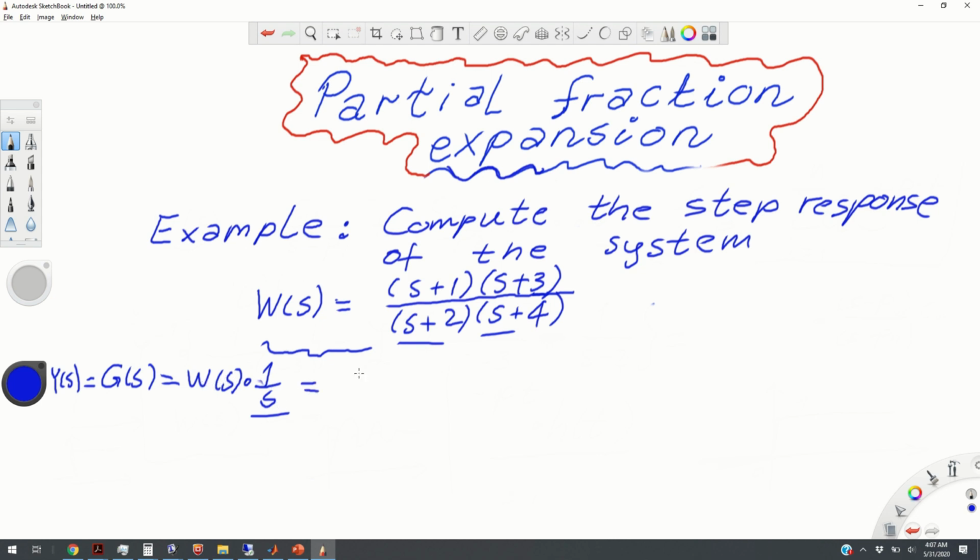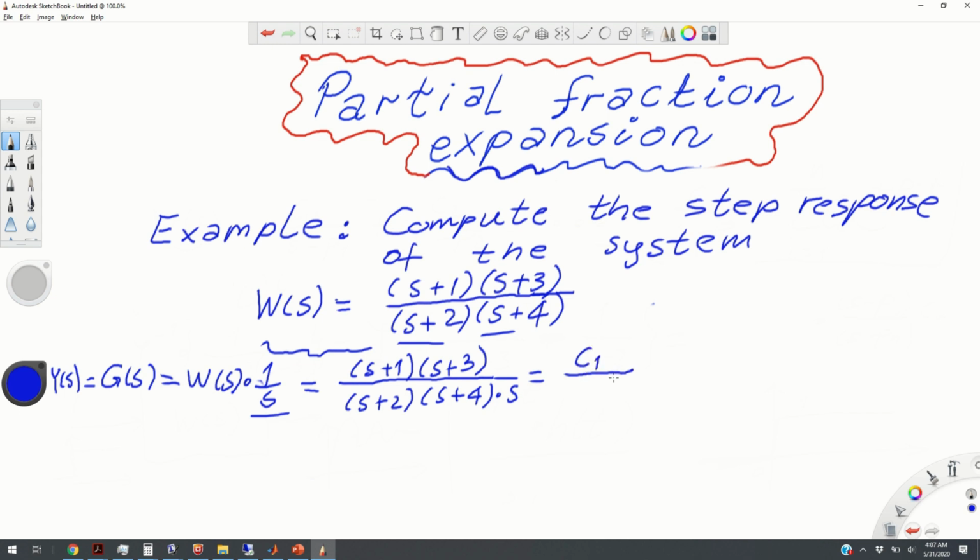So we have (s plus 1)(s plus 3) over (s plus 2)(s plus 4) multiplying s. We want to expand this function using partial fraction expansion and then compute the inverse Laplace transform of all the fractions. So what do we have here?